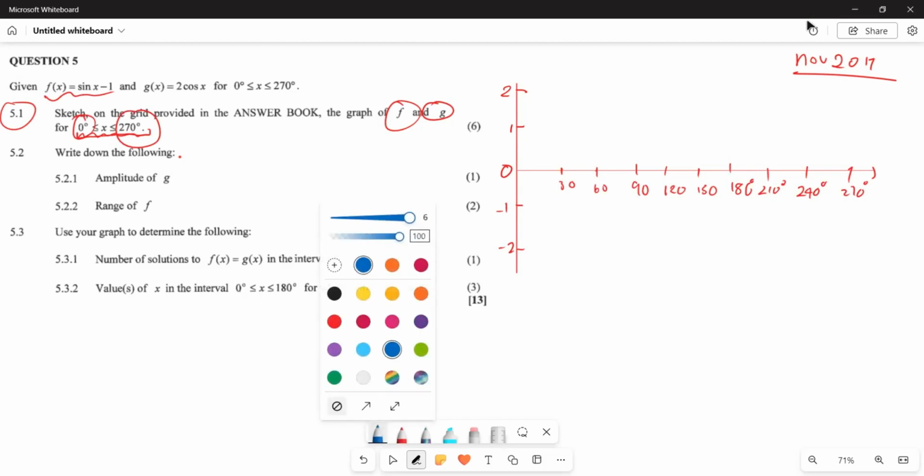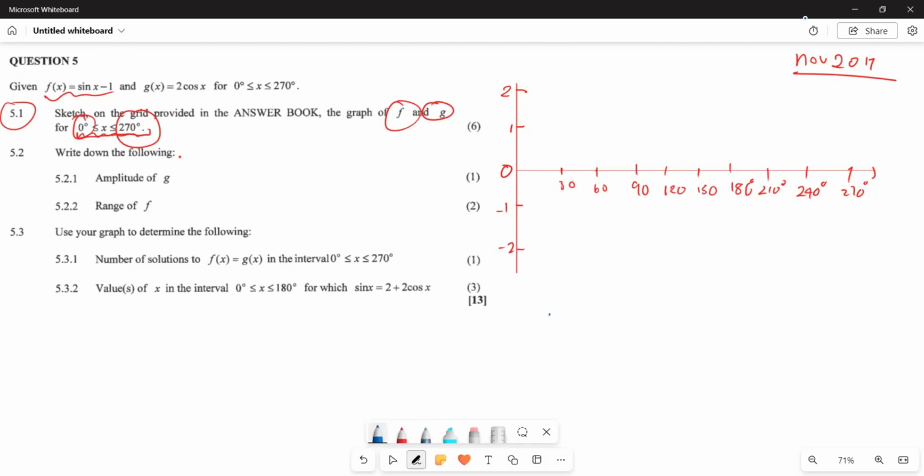Now the second thing: how are we going to plot the graph? Let's start with the graph of f of x equals sine x subtract 1. Ordinarily, if you have your Cartesian plane, the graph of sine x looks something like this.